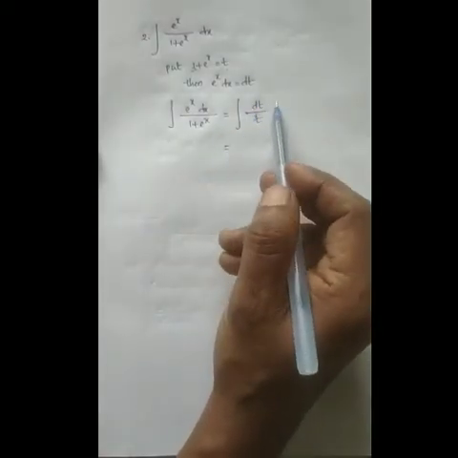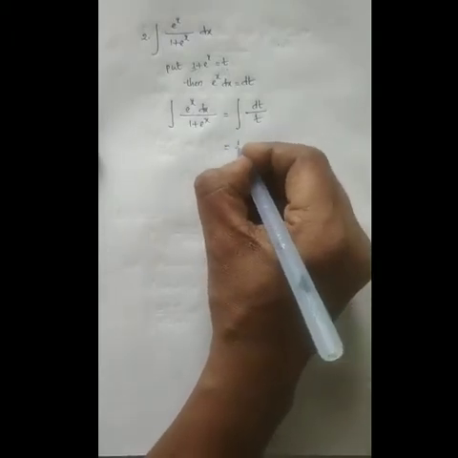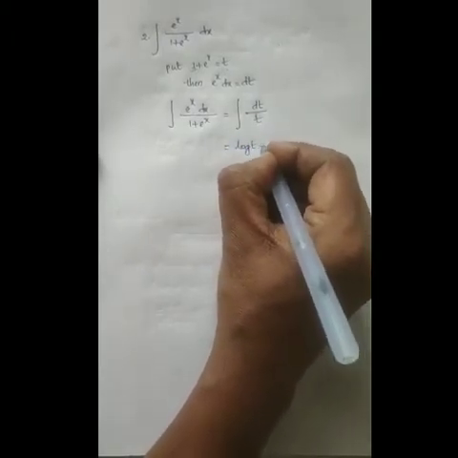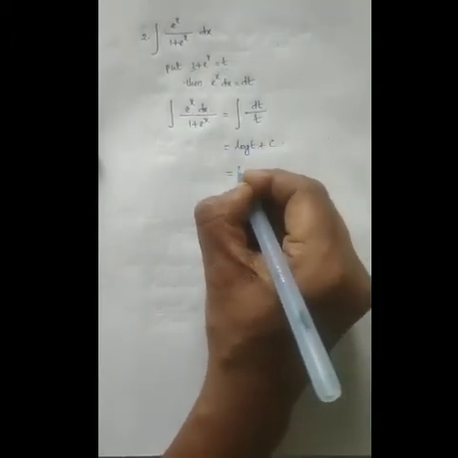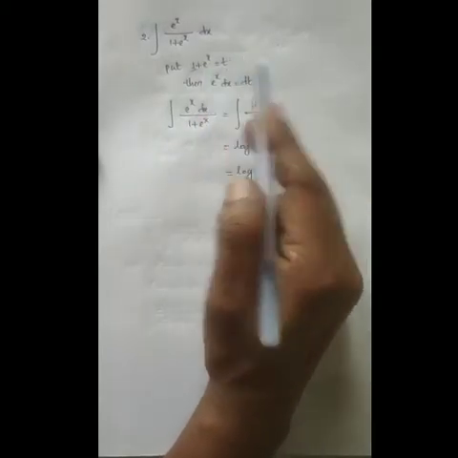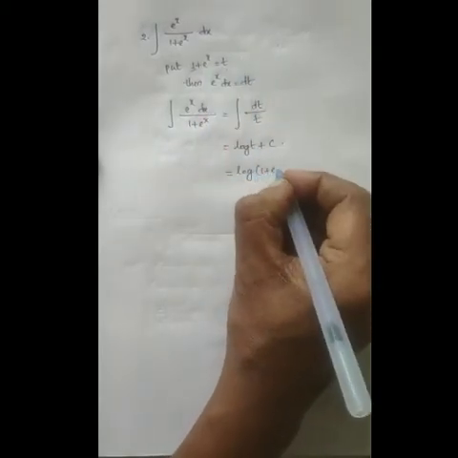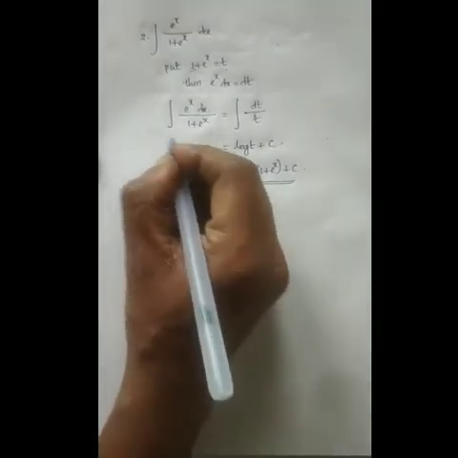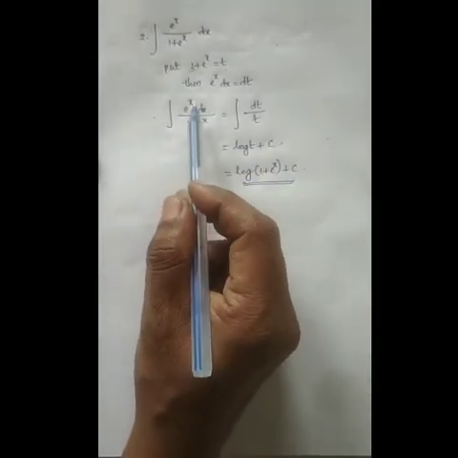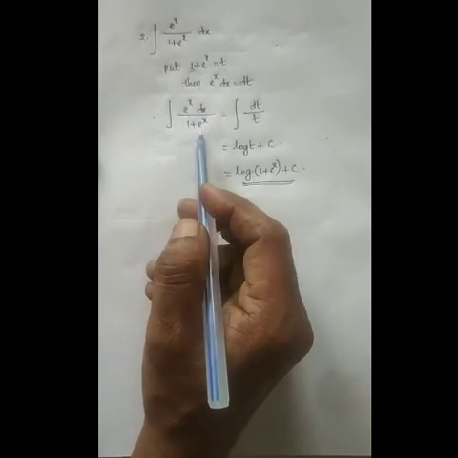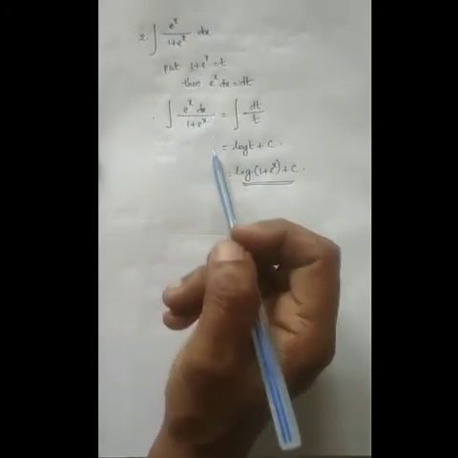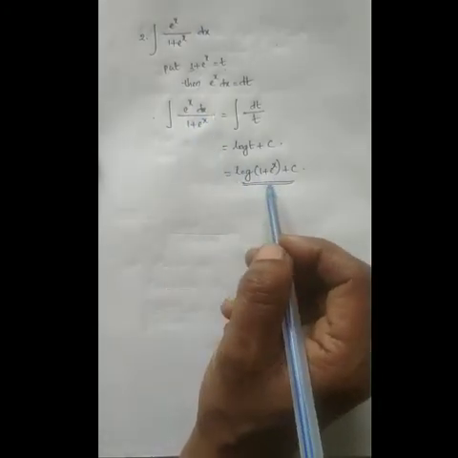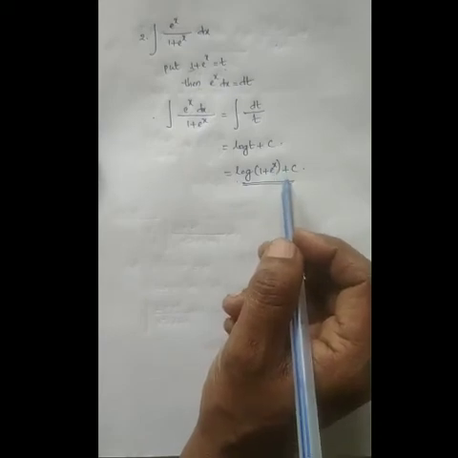Integral of 1 by t dt is log t plus c, and t is 1 plus e raised to x plus c. Therefore, integral of e raised to x divided by 1 plus e raised to x into dx is equal to log of 1 plus e raised to x plus c.